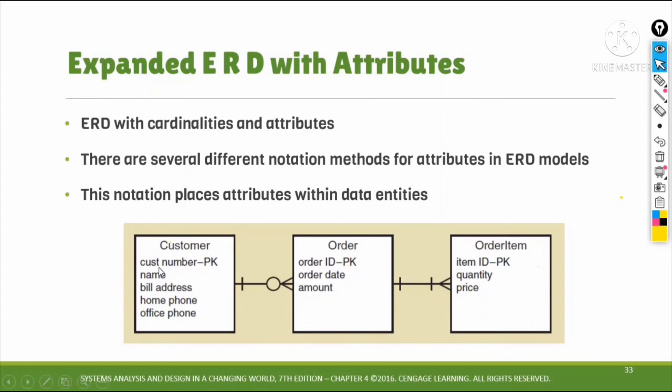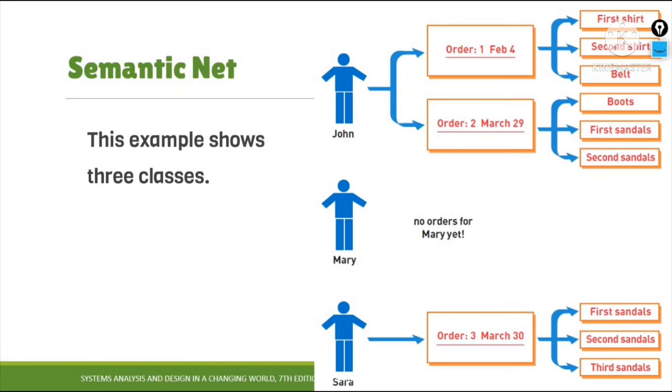Each customer has a different customer number. The same with the order. An order has different primary keys, unique keys that identify that particular order, and each item in the order also has its own unique primary key. So they have a unique item number.